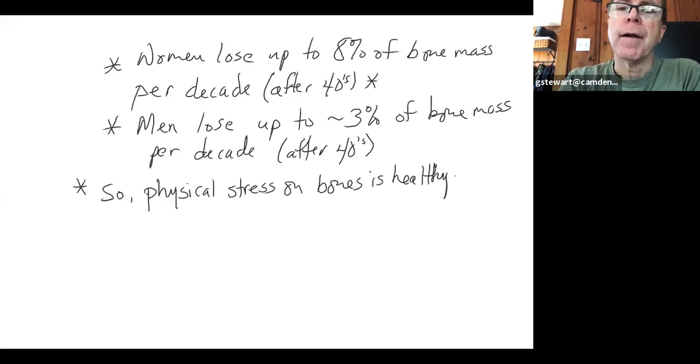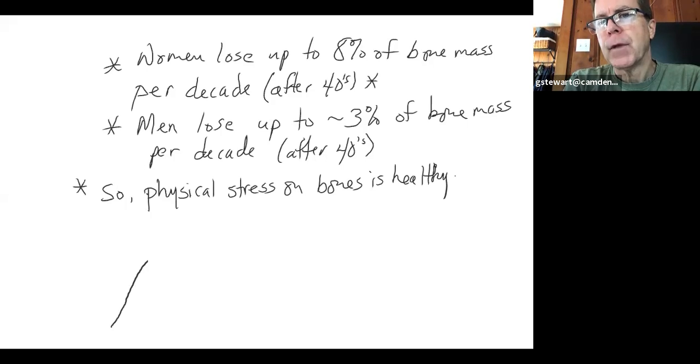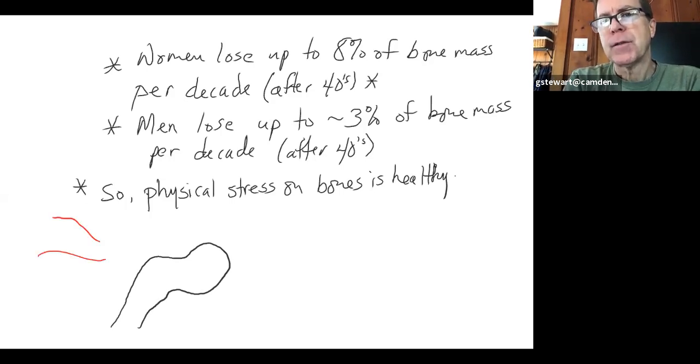But when we are young, or even when we're not so young, I'm going to draw a bone here. Let's just say this is the femur, the upper leg bone. We have hip muscles and leg muscles that attach via tendons all over this area of our upper leg bone, the femur.